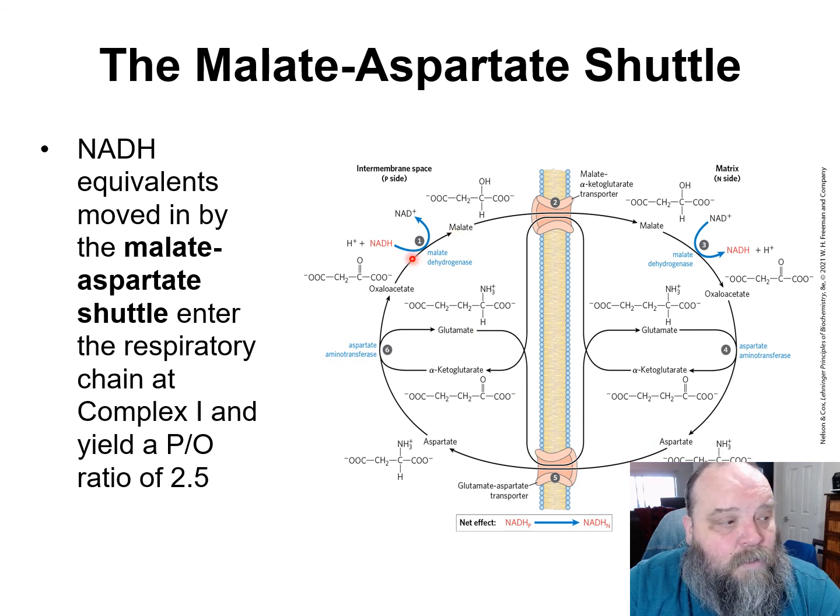So notice: aspartate, oxaloacetate, malate, malate, oxaloacetate, aspartate. It's just a cycle. And in the process of this cycle, NADH to NAD, NAD to NADH. Outside, inside, inside, outside. Boom.